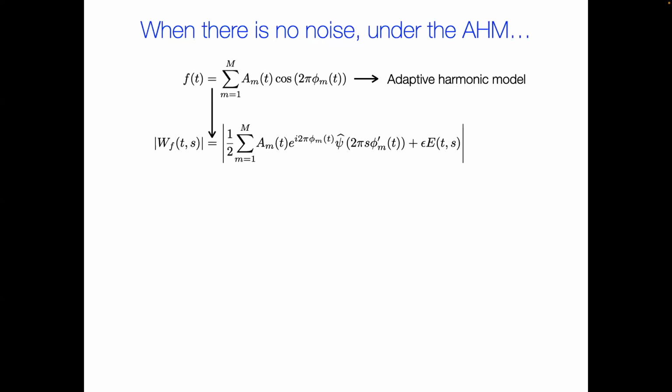Why? Because the adaptive harmonic function signal has time varying frequency and amplitude, but the frequency and amplitude don't change too fast. So locally, you can use Taylor expansion to represent the amplitude and frequency, and you have some polynomial terms.